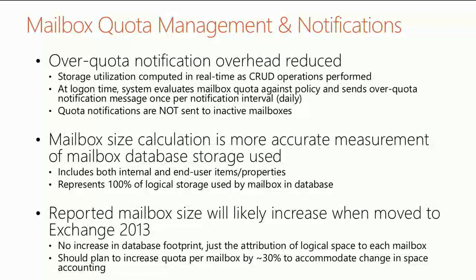Great efficiency. One of the big things that changed, though, is how we calculate the logical size of the mailbox that's used for quota notifications. In previous releases, we've only counted a subset of the properties that are stored on items within a mailbox.